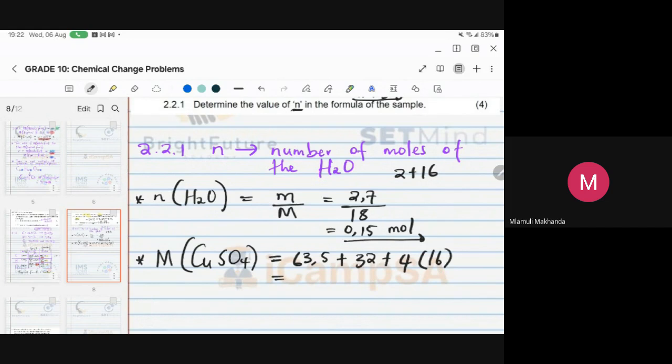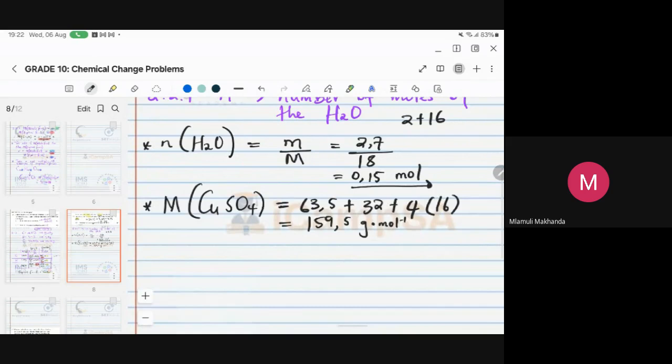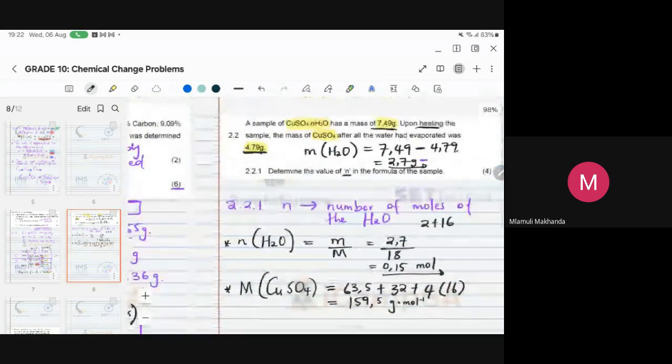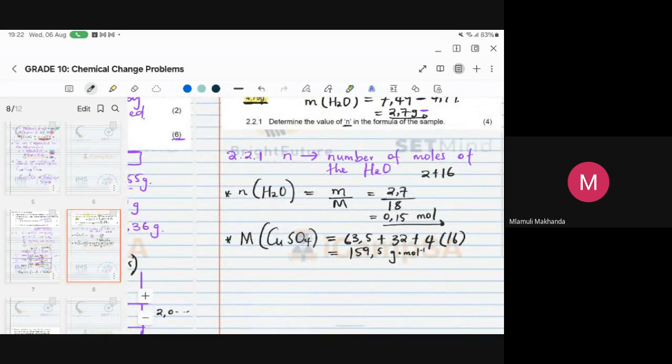So what is our answer? 63.5 plus 32 plus 4 times 16. That is 159.5 grams per mole.